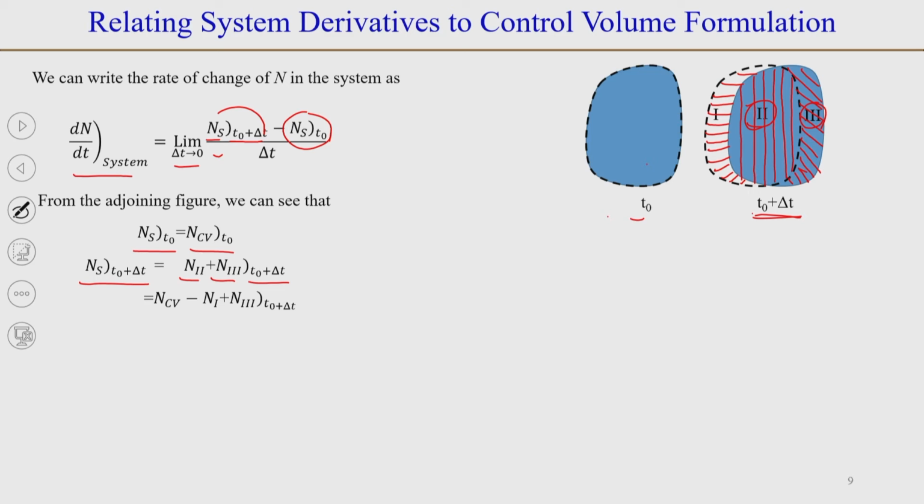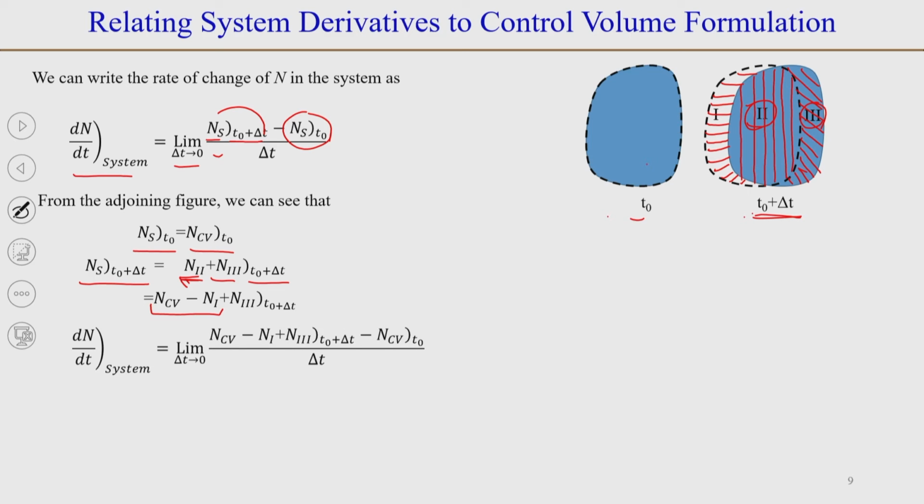So, N2 is equal to N_cv at time t naught plus delta t, if we subtract N1 inside the control volume at time t naught plus delta t. Then we can write that N2 is equal to N_cv minus N1, both at time t naught plus delta t, plus of course N3 remains the same.